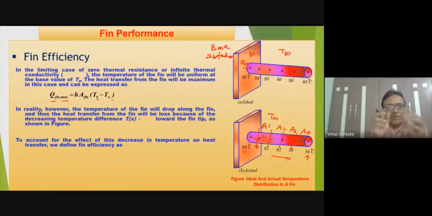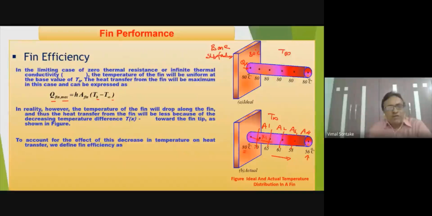And depending upon those temperature differences, the heat transfer rate will be different, and that will be the actual heat transfer rate from the fin attached to any base surface. So what is the point of contention? In reality, the temperature of the fin diminishes along the length of the fin because of finite thermal resistance or finite thermal conductivity of the fin material. And this actually reduces the heat transfer rate from the fin of finite length.